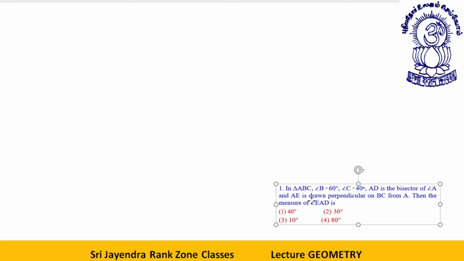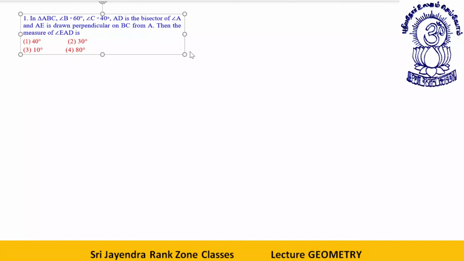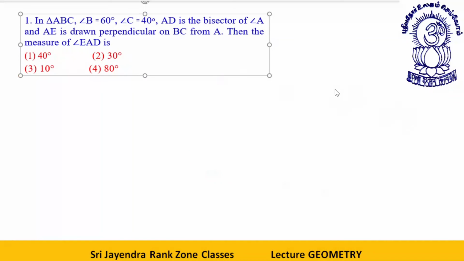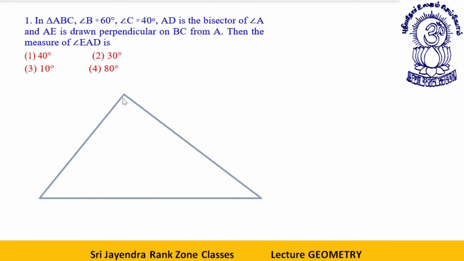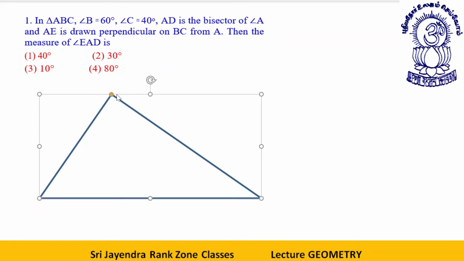See, the question we have is in triangle ABC, angle B is equal to 60, angle C is equal to 40. Let me draw a triangle first. This is a triangle. Angle B 60 and C 40.